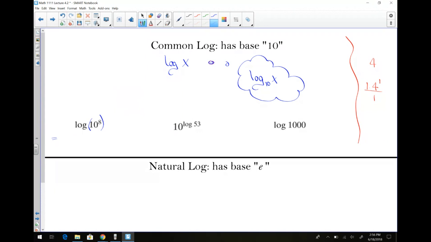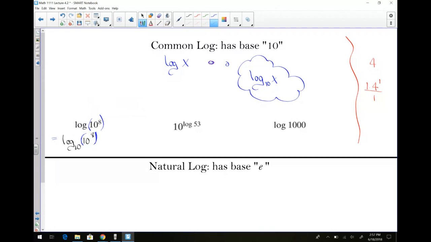This is 10 because there is nothing there, meaning that it's the implied stuff. So the way I'm going to write this is log base 10 of 10 raised to the 8th. And I'm just going to go ahead and put these in parentheses just to kind of divert your eyes away from that other 10 because you need to acknowledge that, yes, those 10s mean different things.